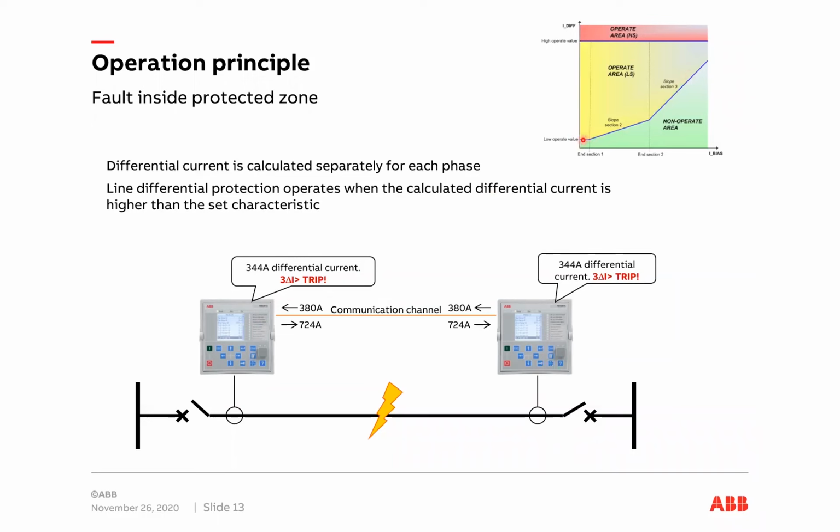And if the differential current is higher than the characteristic, the differential protection will operate. And differential protection will always operate the circuit breaker in both ends of the line.